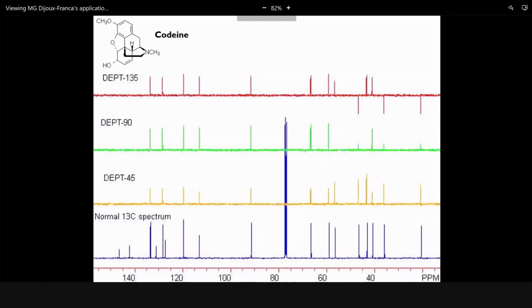So again, compared to the normal carbon-13, we will identify the CH, the CH2 in the structure, and the CH3 also here, and all the other CH, and all the small signals are quaternary carbon. I don't observe them anywhere.